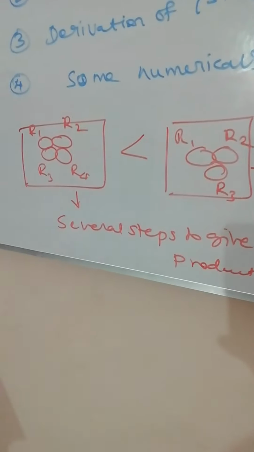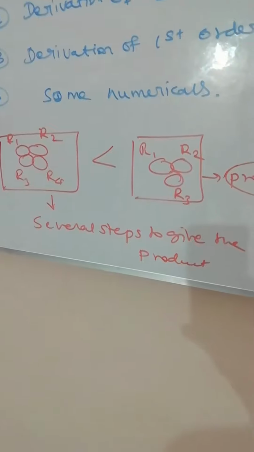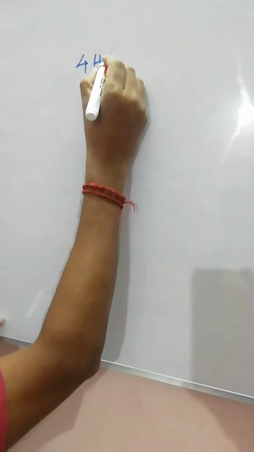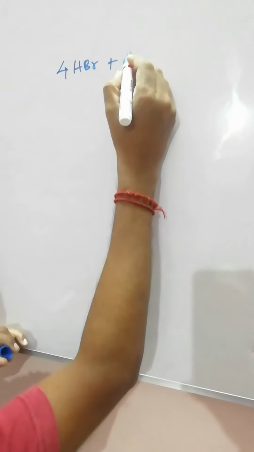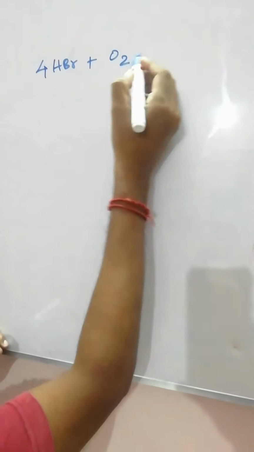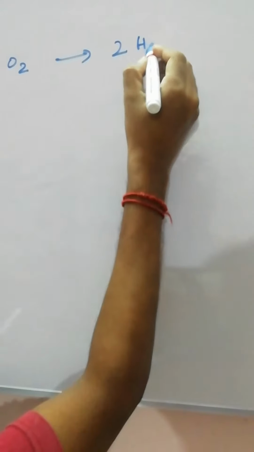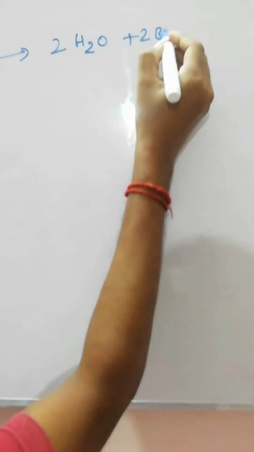Let us see one example for a complex reaction. Last class itself I explained, still I will explain in a detailed way now. Molecularity. Let us take one example. 4HBr plus O2 gives 2H2O plus 2Br2.